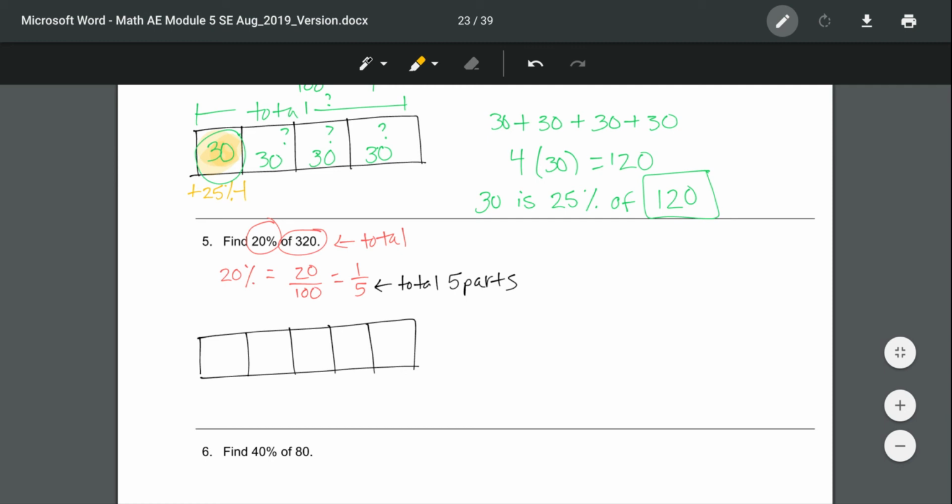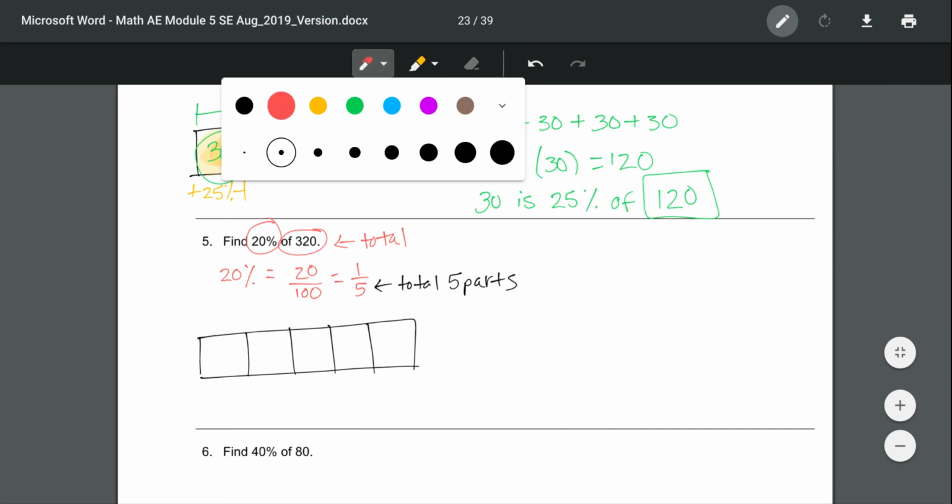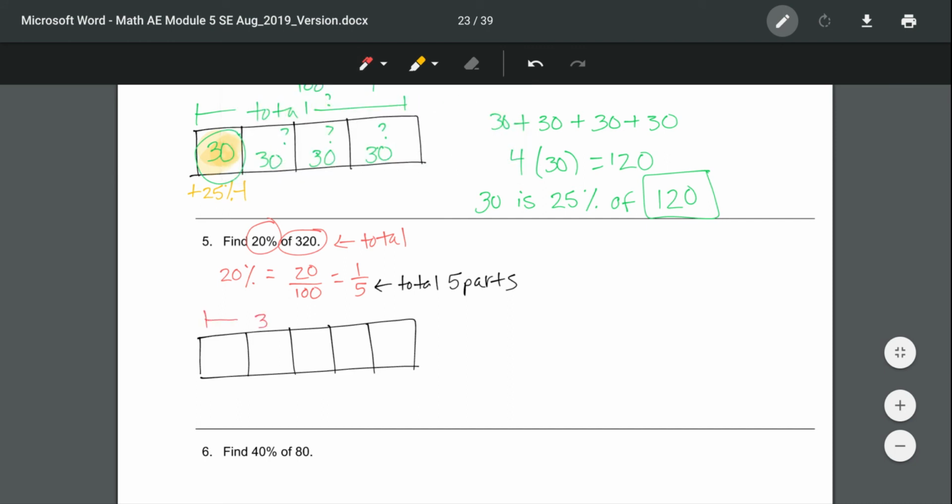And we know the total value of this bar model is 320. And we want to know what 20% of it is. So 20% is 1/5 of our bar model. So here's 1/5 of our bar model. We want to know what that is.